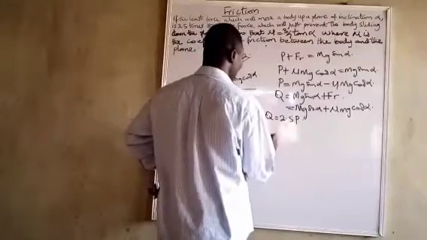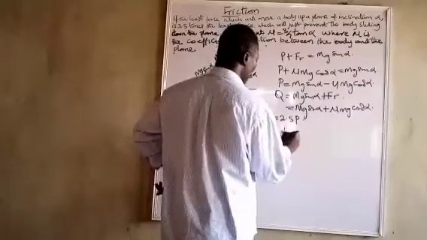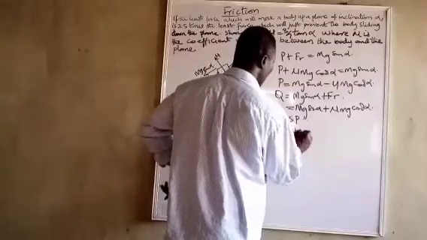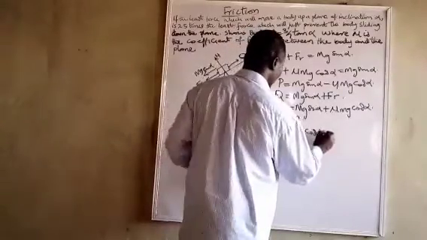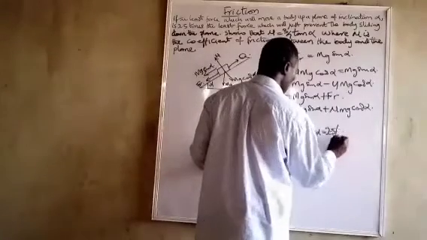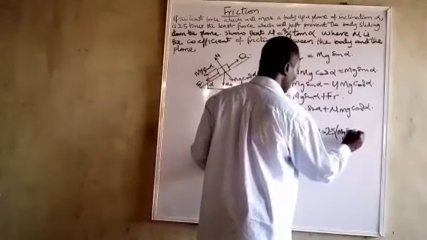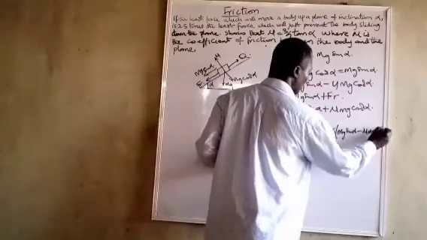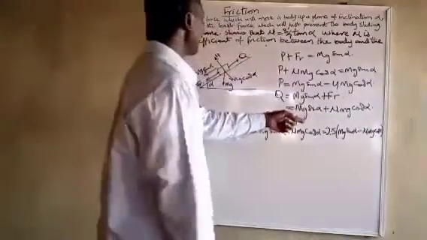Therefore, mg sine alpha plus mu mg cos alpha is equal to 2.5 times mg sine alpha minus mu mg cos alpha. And what we are trying to find is mu.